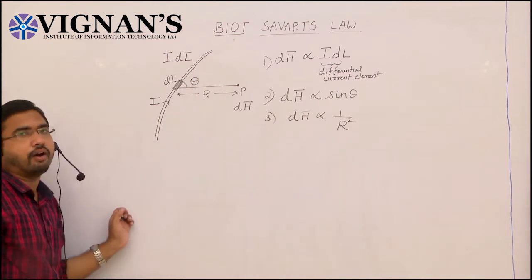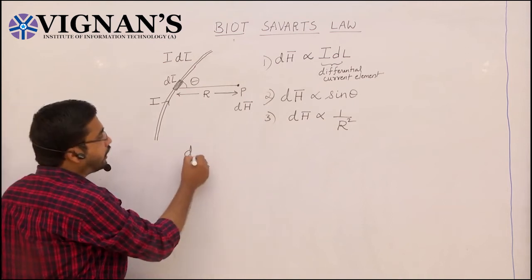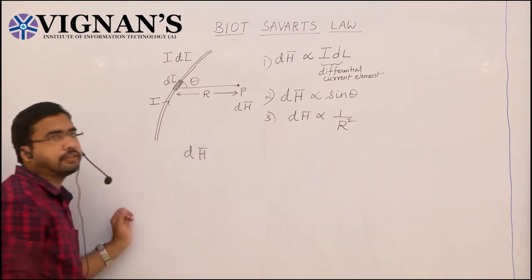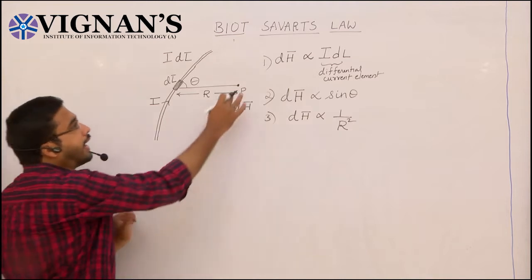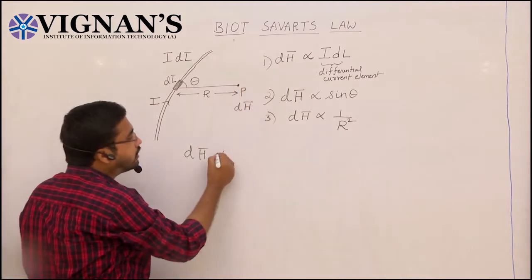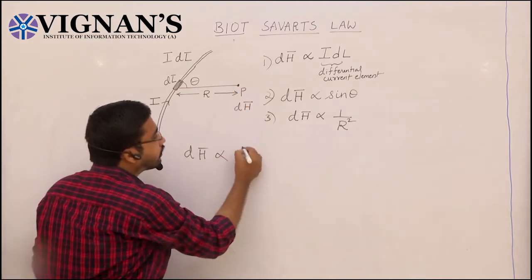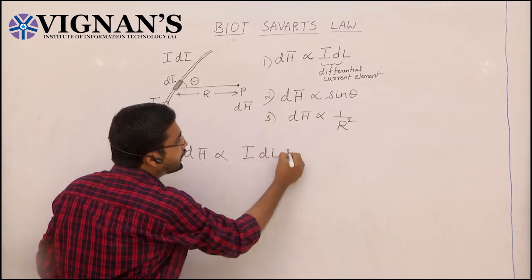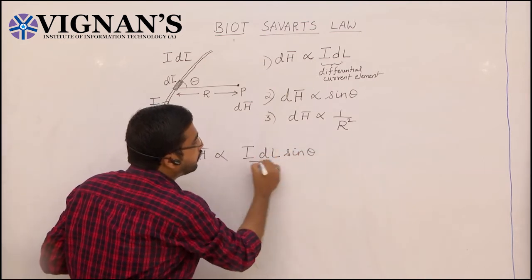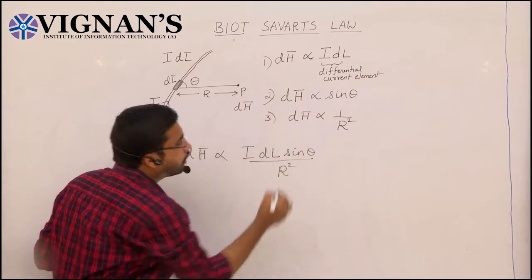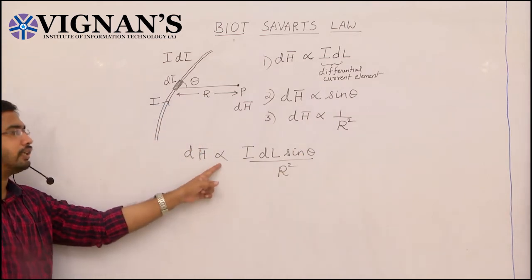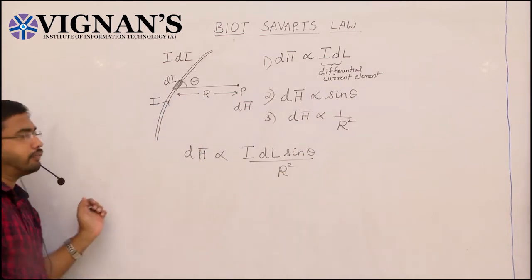Now by clubbing all these 3 points, we can say that the differential magnetic field intensity dH at this point P is directly proportional to I dl sine theta by r square. Now if you remove this proportionality, you will get a constant 1 by 4 pi.